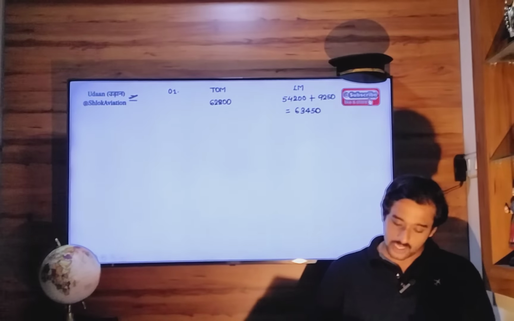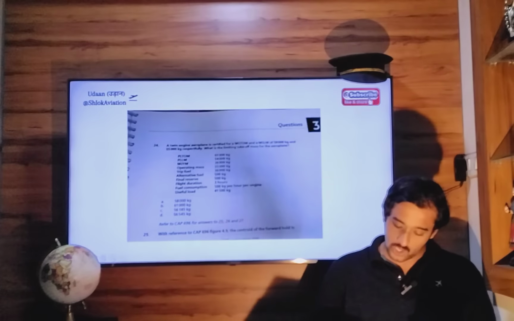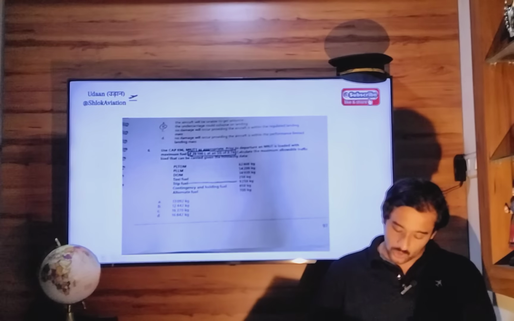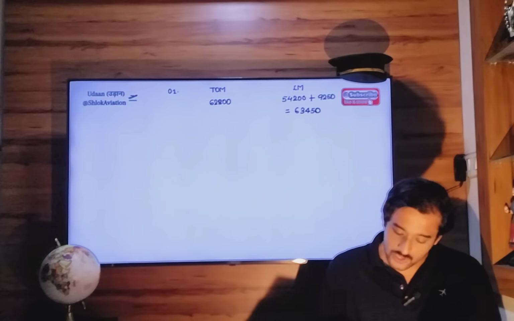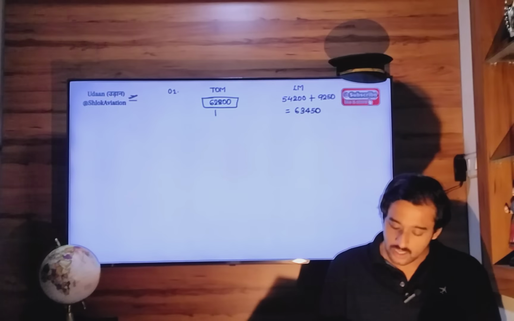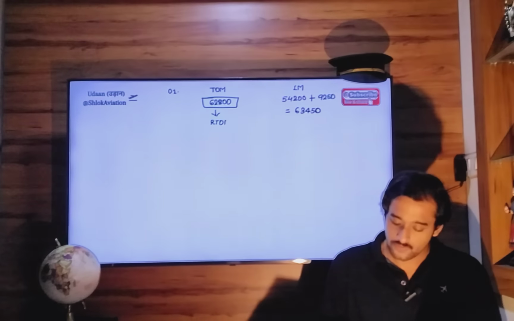So now our regulated takeoff mass will be the lower value. So the lower value is 62,800. So this becomes the regulated takeoff mass.